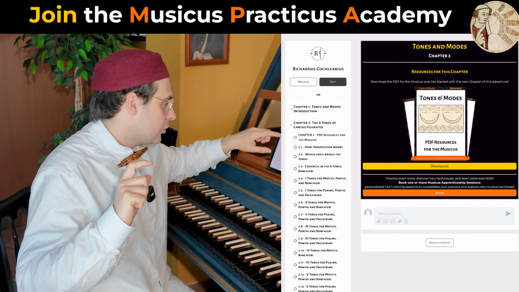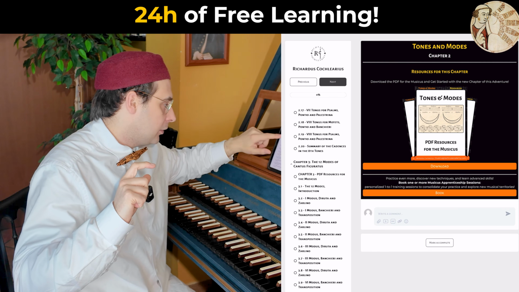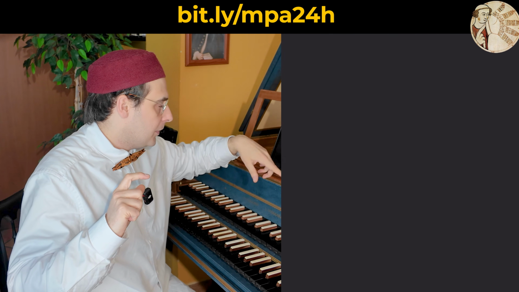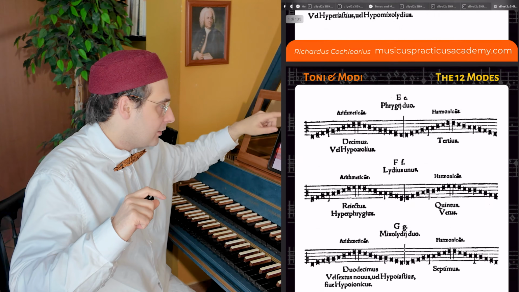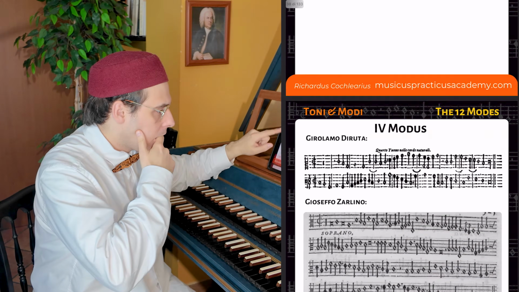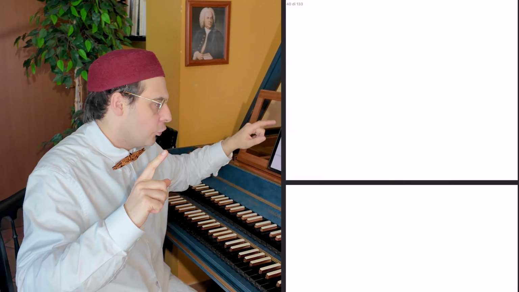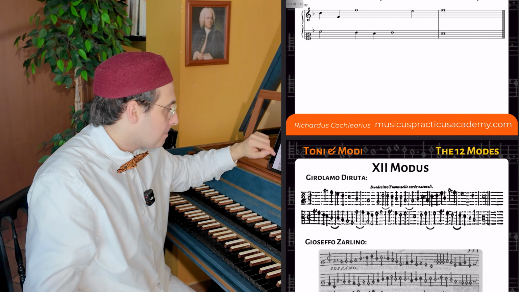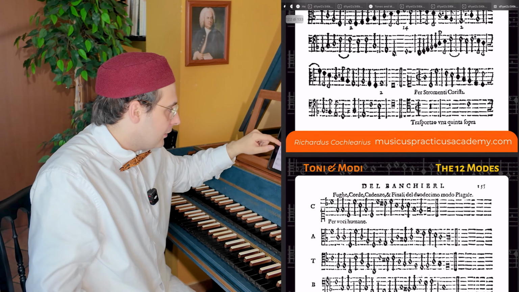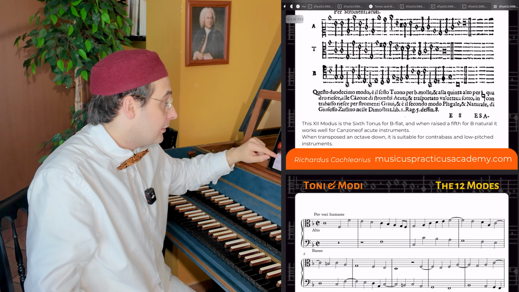If we go to the other chapter, chapter 3 of the tones and modes level, in this PDF, at the end, we see the duo of the 12th tone.